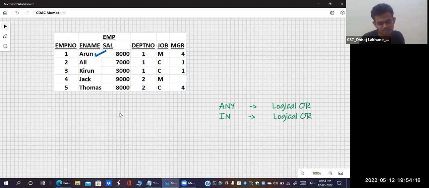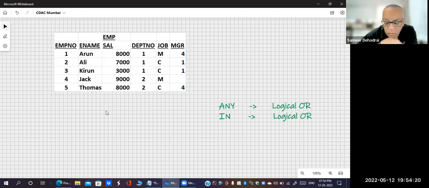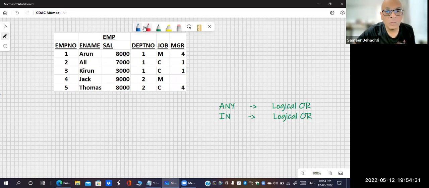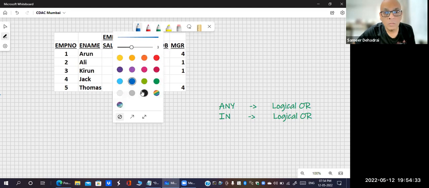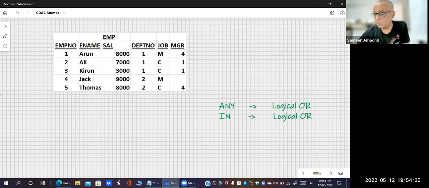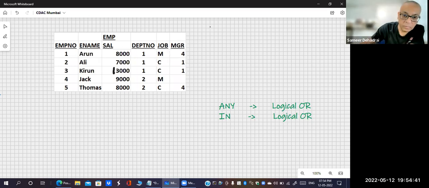For the next example, students, to explain the next one, assumption: third row, the sal is 13,000.